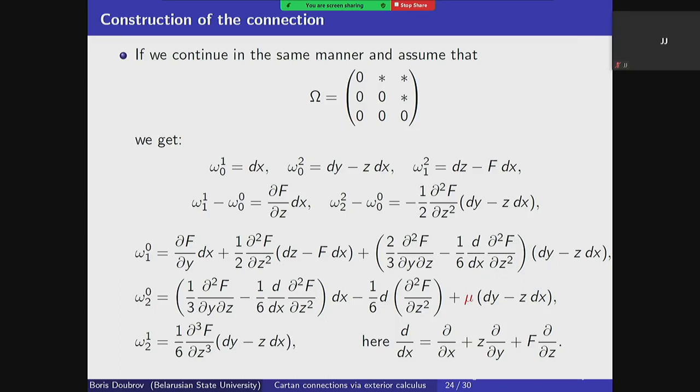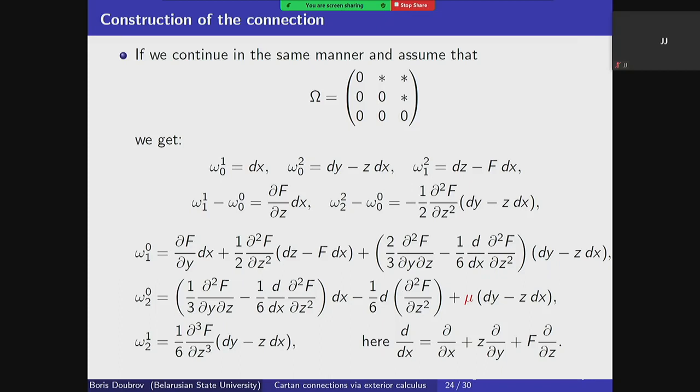At that moment, when you impose these conditions, your connection form becomes almost uniquely determined, and this is the only function that is left unknown. I use here another operator, d by dx, the total derivative defined here.